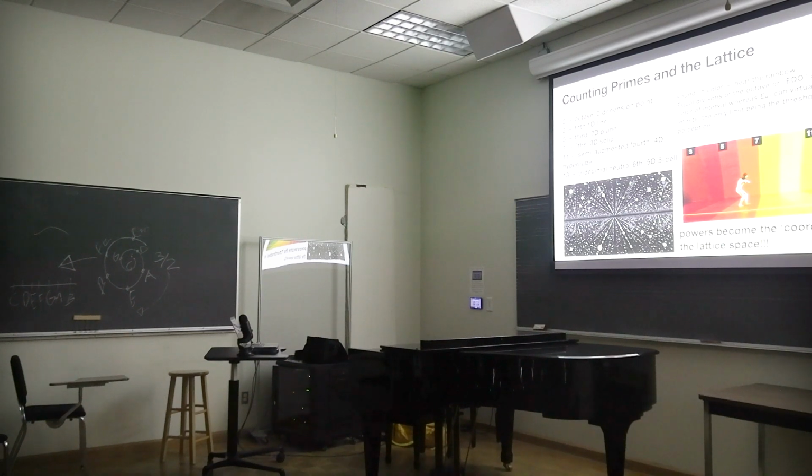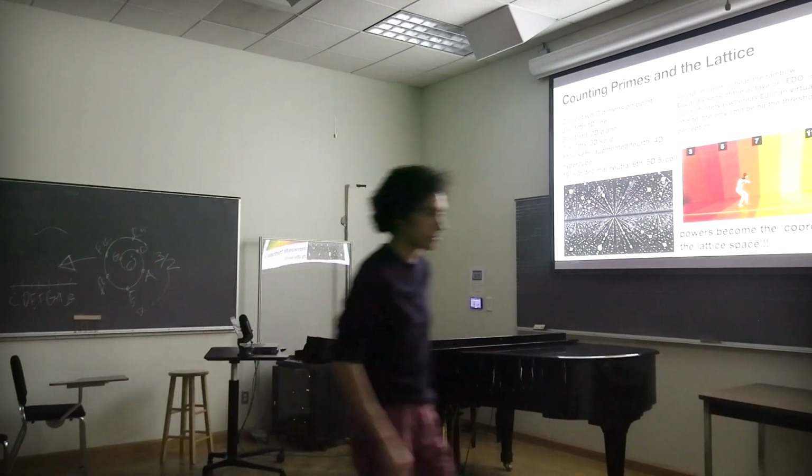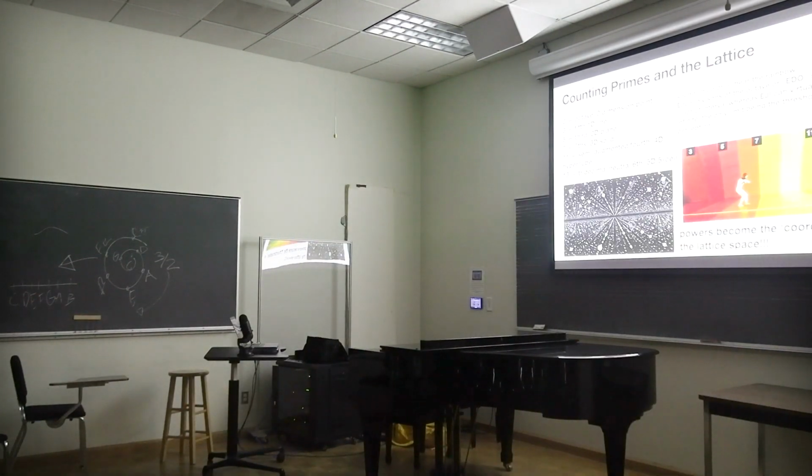So that's our 2 to the 1, 2 to the 2. Then, after that C, what do we get? E. So that's our fifth harmonic. And if you notice the pattern, we're actually just counting 1, 2, 3, 4, 5. And every time we get a new prime, we're essentially getting to add a new dimension in the lattice space.